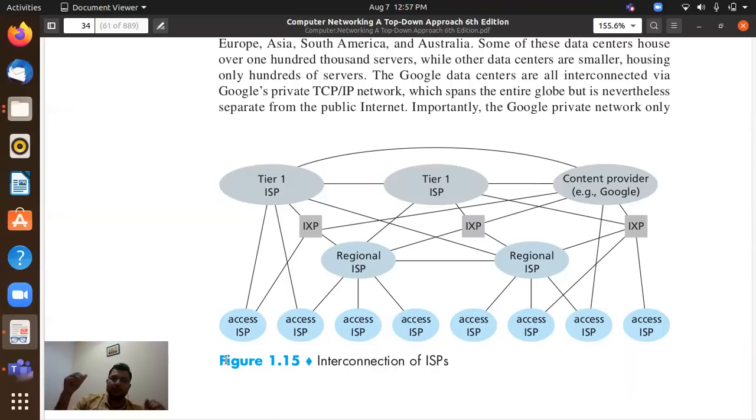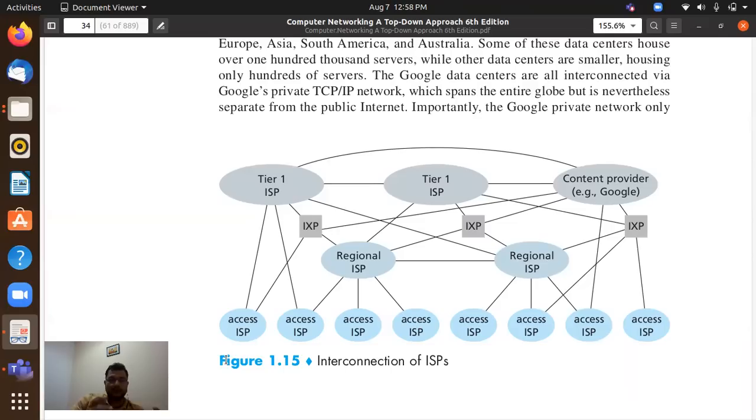The next possibility is that, based on the economics and the availability of access internet service providers, that institute or that individual will have access to the access internet service provider or the residential internet service provider.